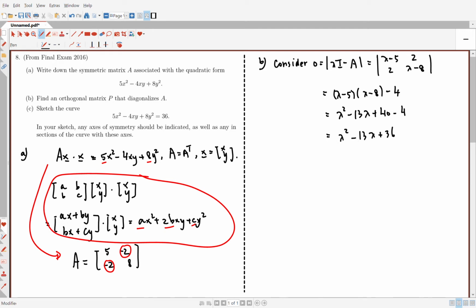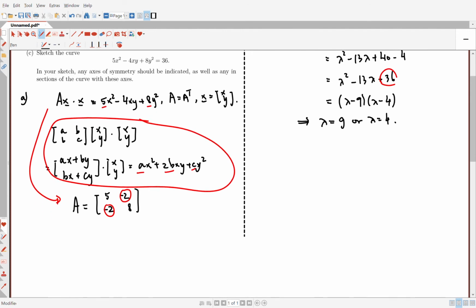I think this should be okay. We see that this is actually minus 9 times minus 4, and minus 9 minus 4 is just minus 13. So yes, this is lambda minus 9, lambda minus 4, hence lambda is equal to 9 or lambda is equal to 4. So these are the eigenvalues.